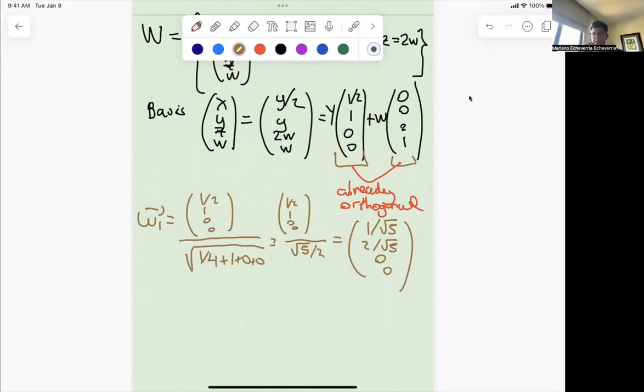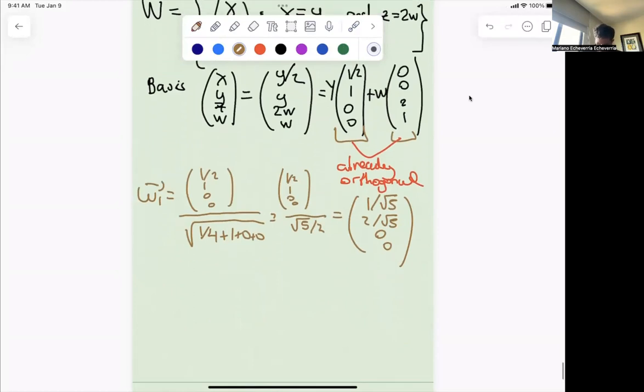So that is the first basis vector, because that one has length 1. The important thing in this projection matrix is for the length to be 1. So that one is okay now.